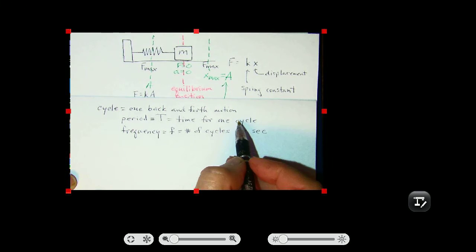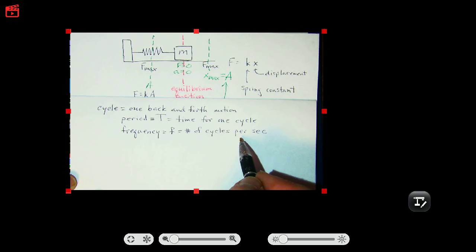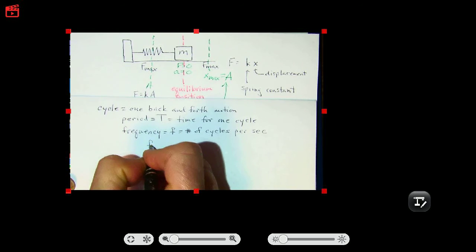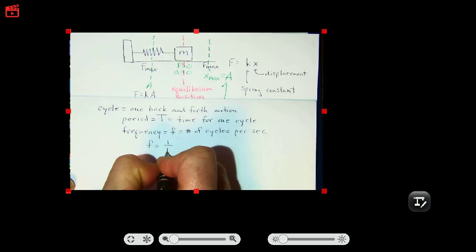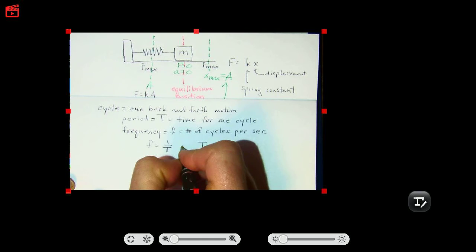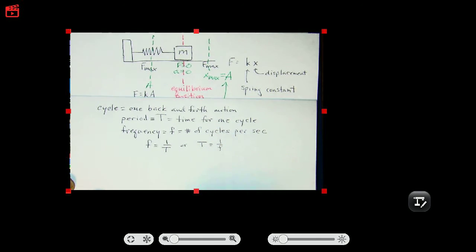So the period is seconds per cycle, the frequency is cycles per second, which means that the equation that relates these is our frequency is 1 over the period, or the period is 1 over the frequency. You can use either one of those.